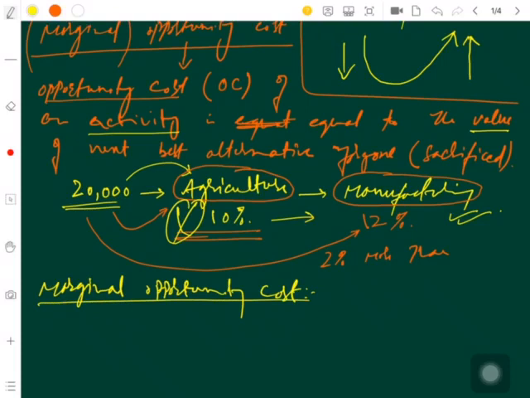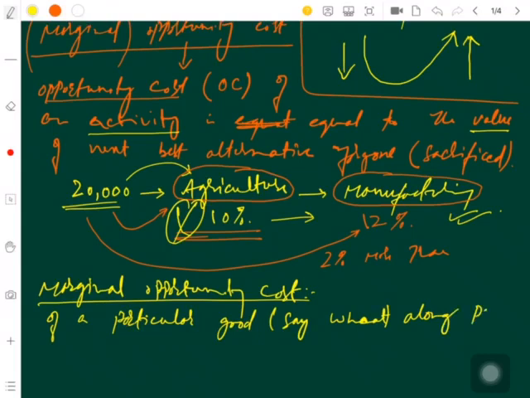Okay, so marginal opportunity cost of a particular good, say investment in agriculture, or we will continue with our example of wheat and tanks, say wheat, along a PP curve which we have to draw and explain, is the amount of other good.